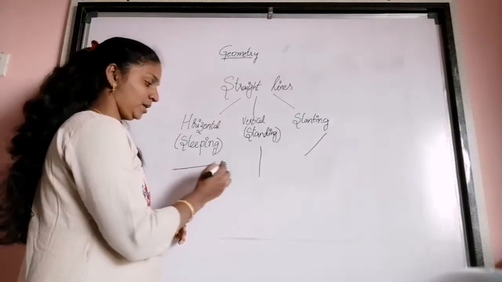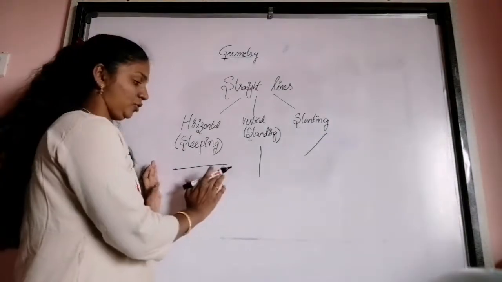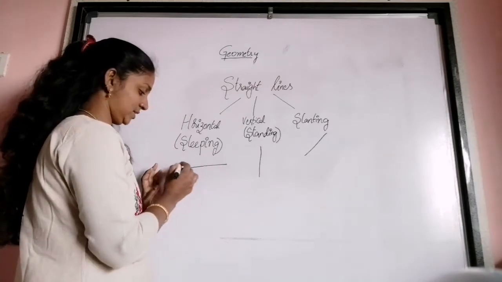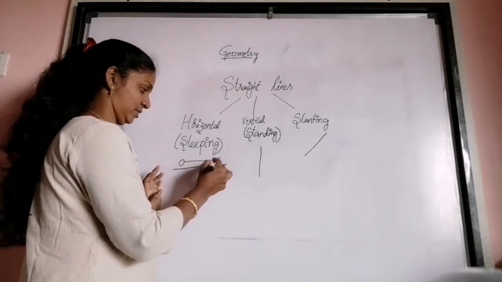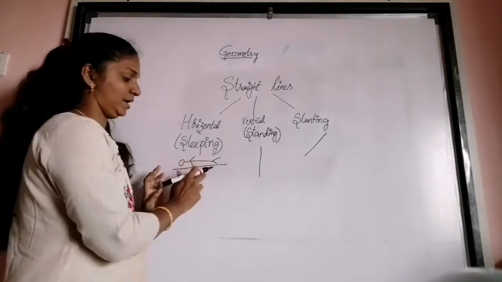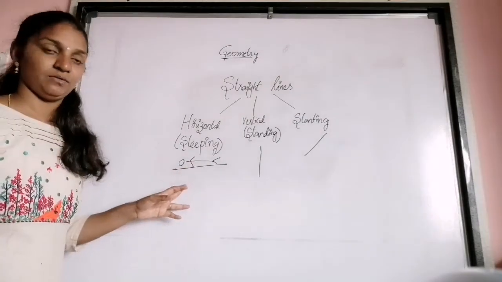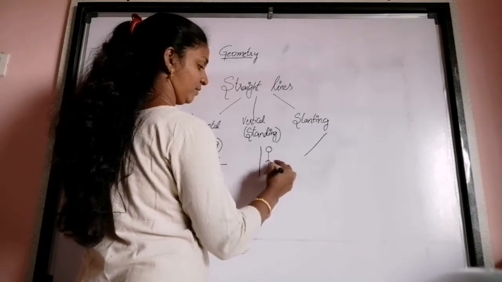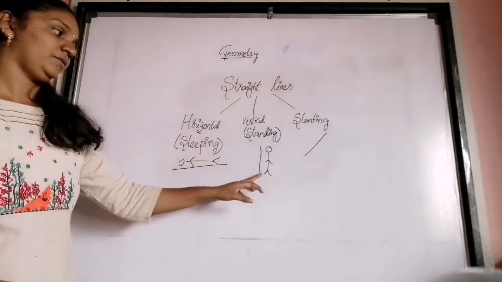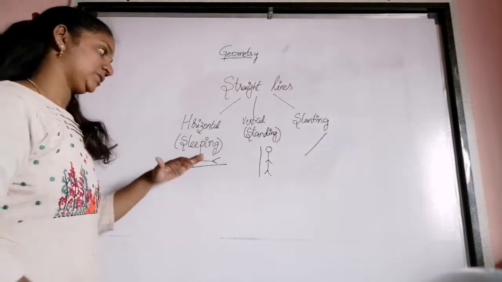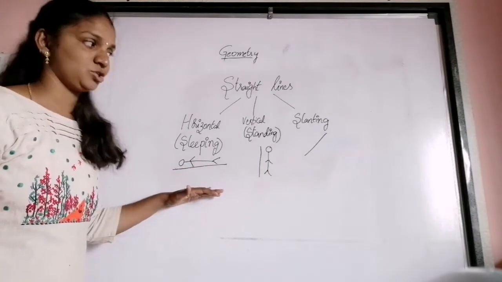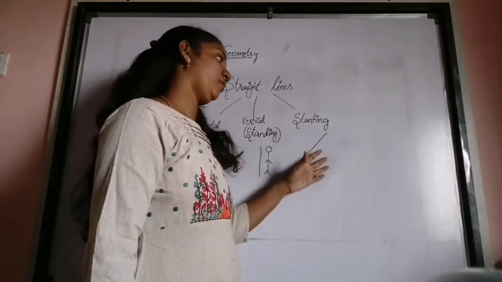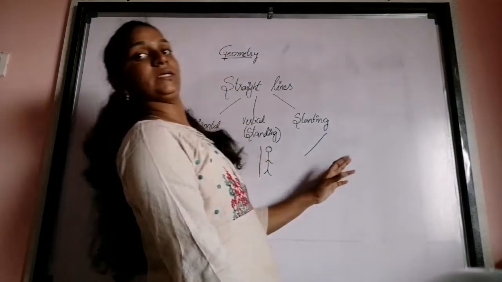Consider your body. When you are sleeping, your body is like this, head and legs. While we are standing, we are in a vertical position. When we are sleeping, we are in a horizontal position, and slanting is a position that is slightly bent.